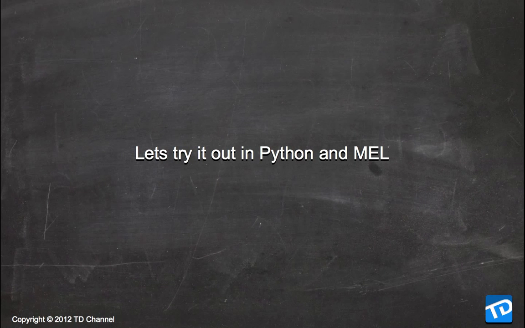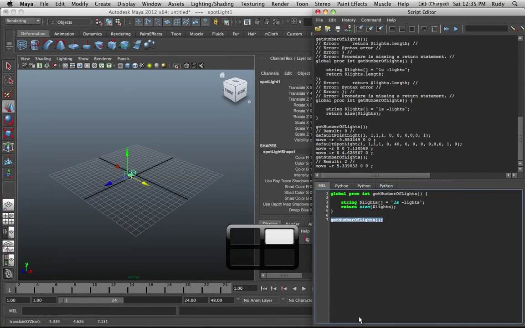So let's try to write some functions in Python and in Mel so you guys can see a little bit of how things work. Let's start with Mel, which is a little bit more complicated than Python, but we'll dive right into it.